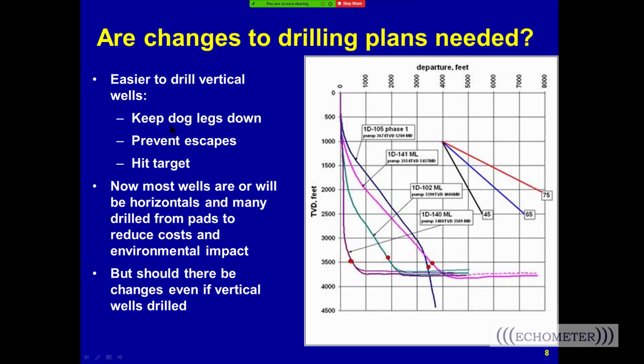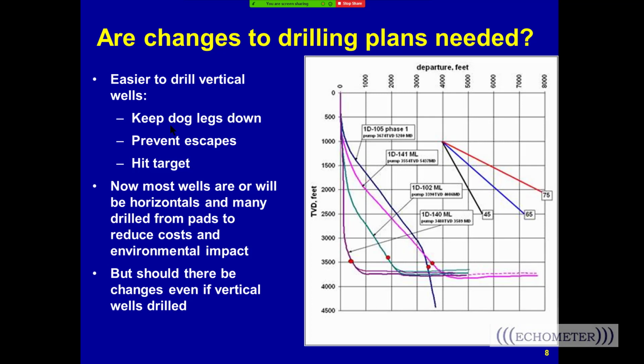Now, it's a lot easier to drill a vertical well, and we've stopped as an industry drilling very many vertical wells anymore. Most of the wells that we drill are typically horizontal wells. In some cases, we've been drilling the wells fast to reduce the cost, and the faster we drill it, typically the lower the cost.